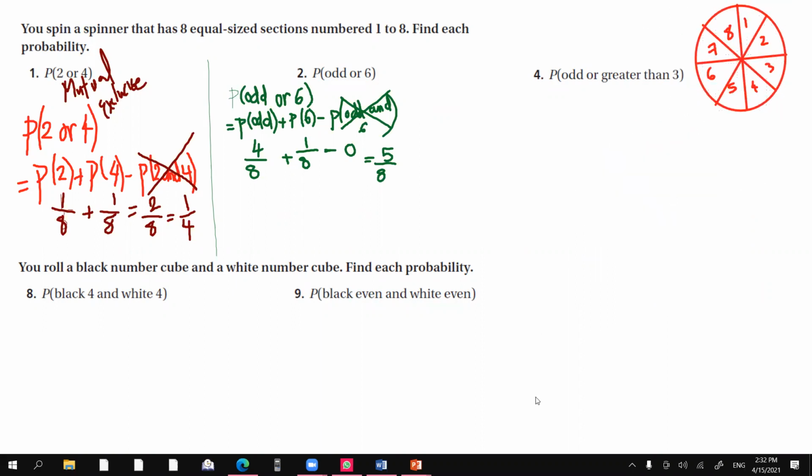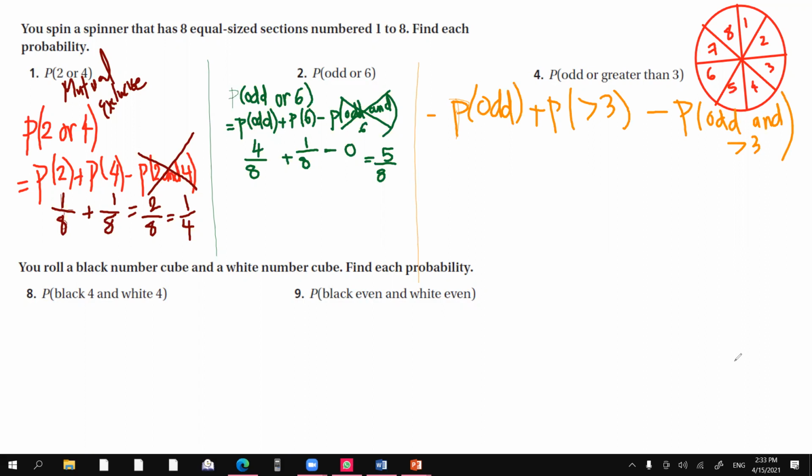Now, number 3, sorry. It was the probability of getting odd or greater than 3. So what do I have to say here? The probability of odd plus the probability of numbers that are greater than 3 minus the probability of odd and greater than 3. So how many numbers are odd here? 4/8.